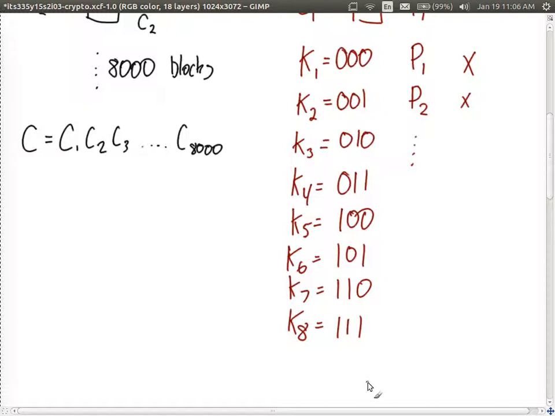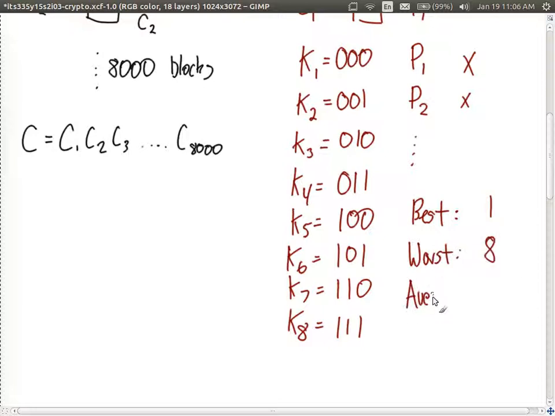Average case: sometimes we are lucky and get it in 1 attempt. Sometimes it takes 2 attempts. Sometimes 3 attempts. It depends on what key the user chose. And if they chose a random key, then we can say on average the number of attempts we take is half of the key space. So in this example, the best case was 1 attempt. The worst case would be 8.